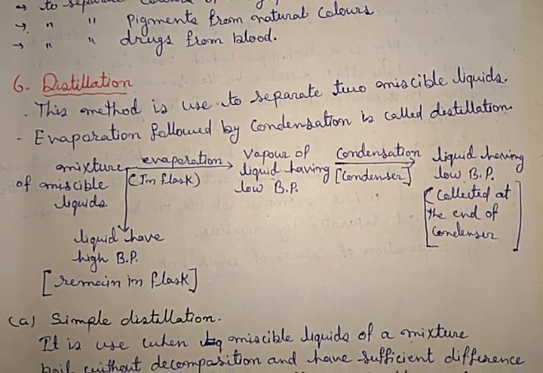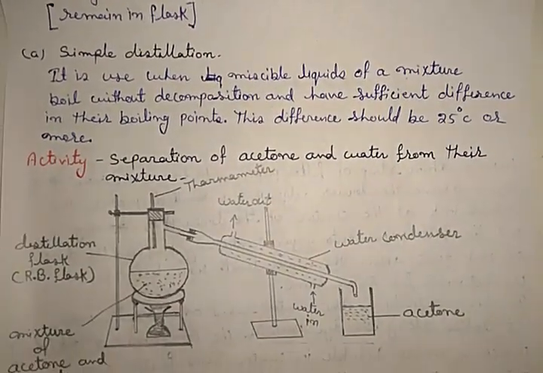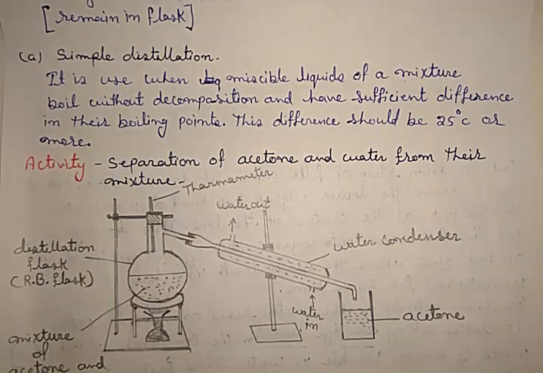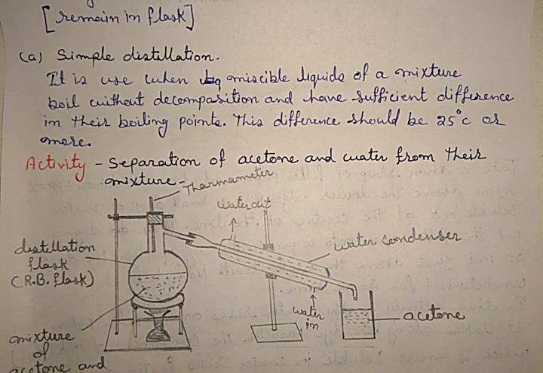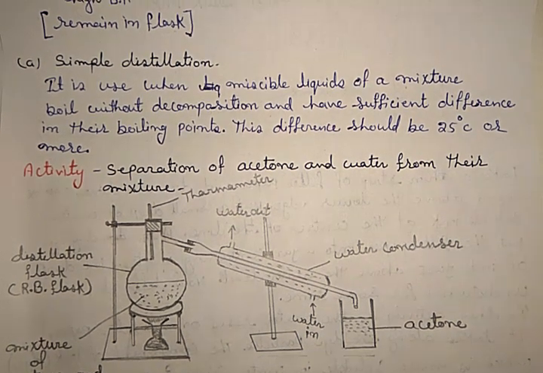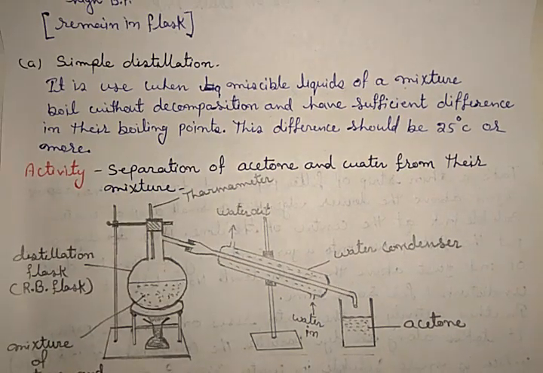Now, the distillation method is of two types. One is simple distillation and the second is fractional distillation. Simple distillation is used when the miscible liquids of the mixture boil without decomposition. They should not decompose, because if they decompose then there is no use in separating them.